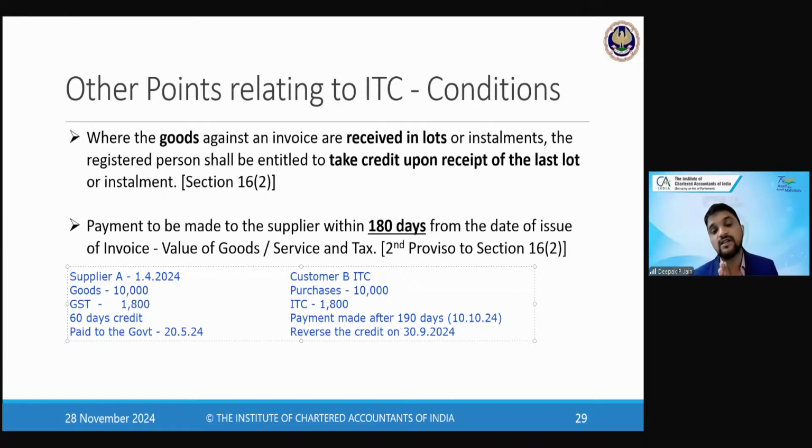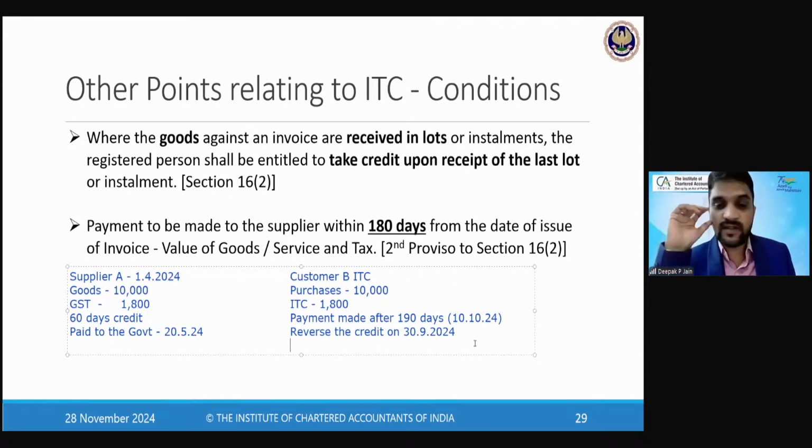But the customer, if he doesn't pay, he will reverse the credit. The impact of this is that when he reverses the credit, that much tax will effectively go to the government, because he was supposed to claim a lot of credit. From that credit, this 1,800 he will reduce. So he is impacted by 1,800.